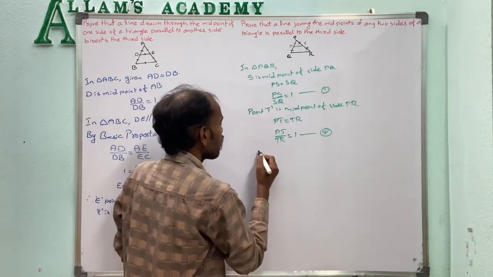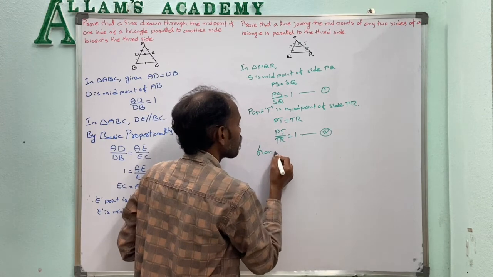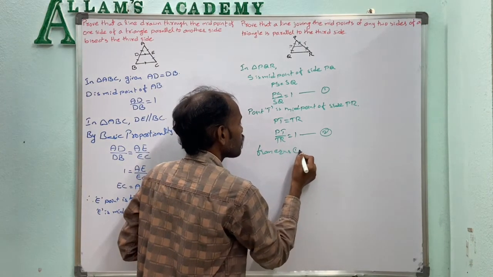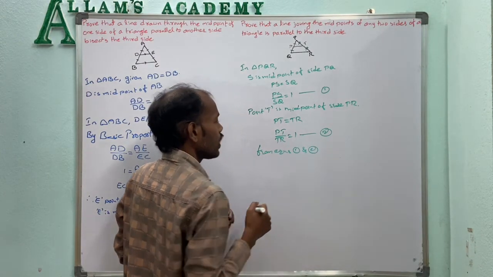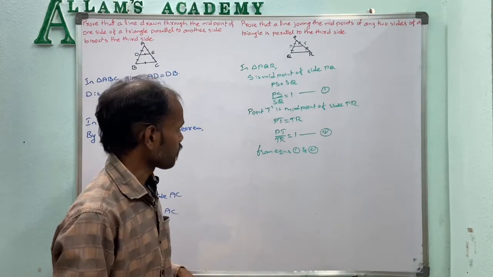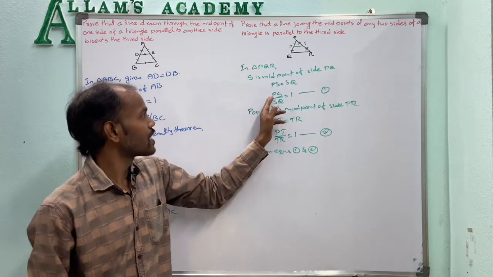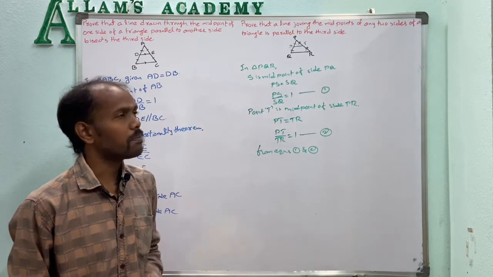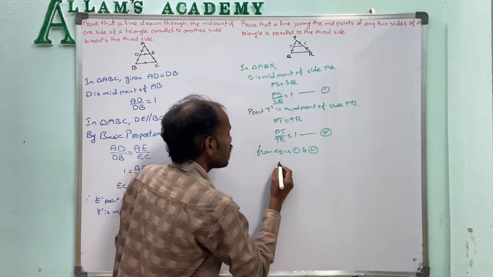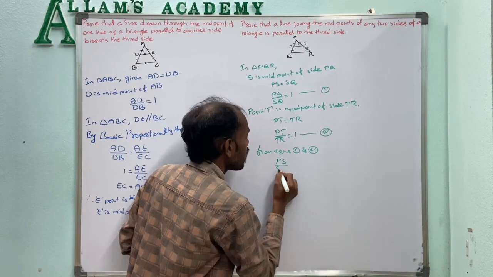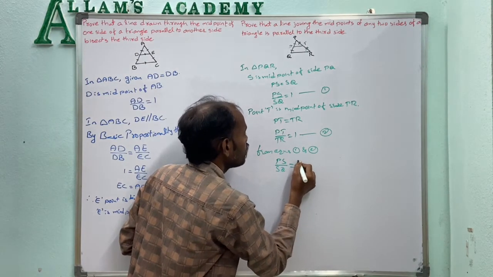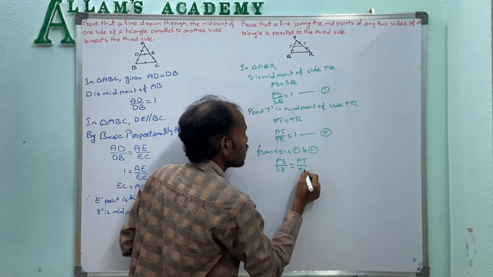So from equations 1 and 2, if we observe, the RHS is equal to 1, so the LHS, PS by SQ and PT by TR, are also equal. So PS by SQ equal to PT by TR.